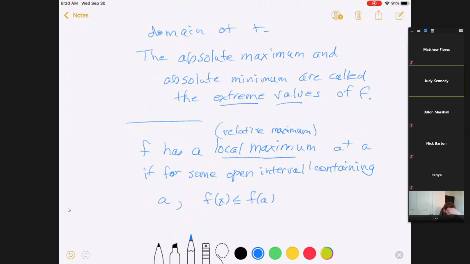I guess I should give my interval a name, I. f of x is less than or equal to f of a for each x in that open interval.